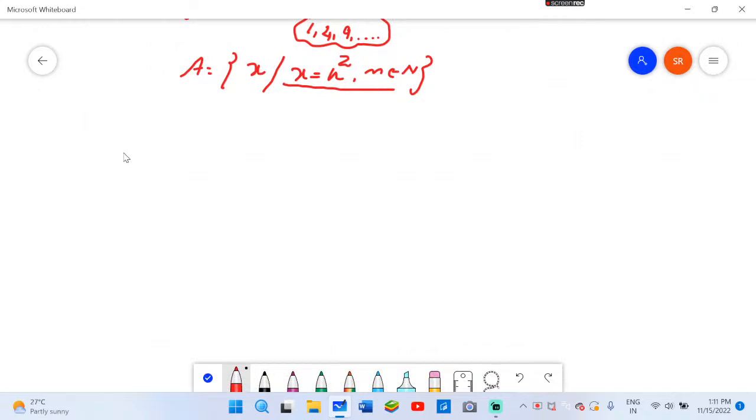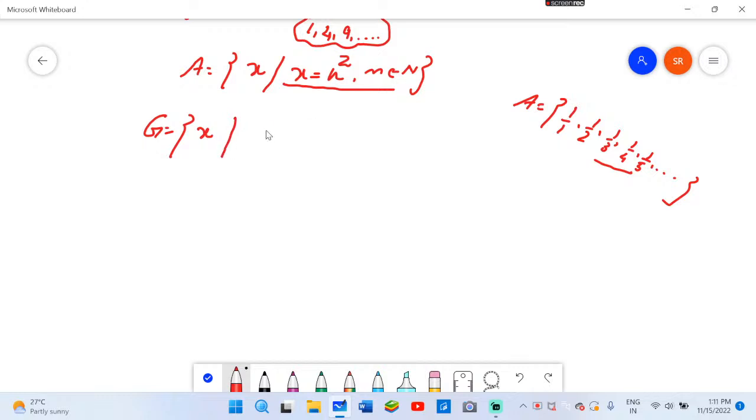Similarly, the next one is the set of reciprocals of all natural numbers. Set of reciprocals of all natural numbers look like this: 1 by 1, 1 by 2, 1 by 3, 1 by 4, 1 by 5 onwards. So x is such that x is equal to 1 by n.